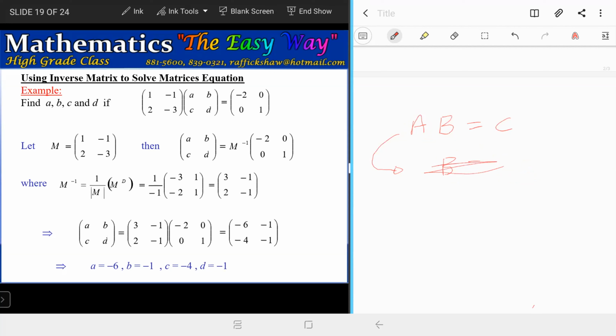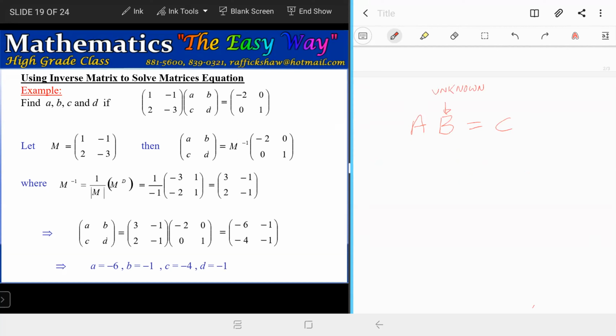Let's look at it again. If you have a matrix equation like that, A times B equals C, and the B is the one that you don't know, this is the unknown. The B is what you don't know, and you're trying to find B. To make B the subject, you multiply by the inverse of A over there.